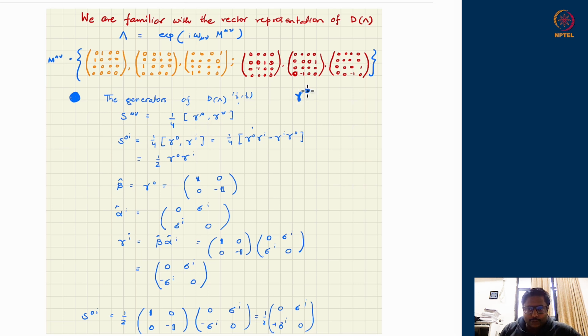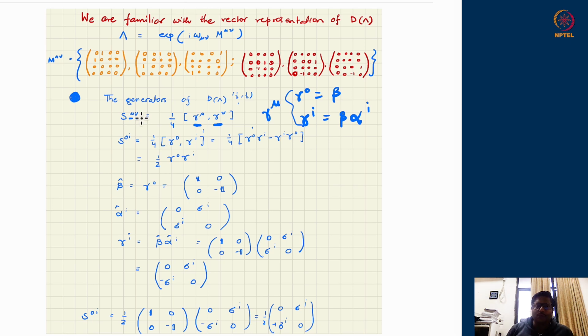Gamma 0 was beta, and gamma i's were beta times alpha i. These were the matrices which we had written down. The statement is, if I take the collection of gamma 0 and gamma i as gamma mu and take the commutator between the 2 gammas, gamma mu and gamma nu, where mu can take any value and nu can take any value, then I obtain a 2-index object, one with mu, one with nu.